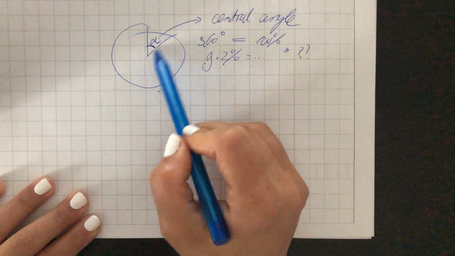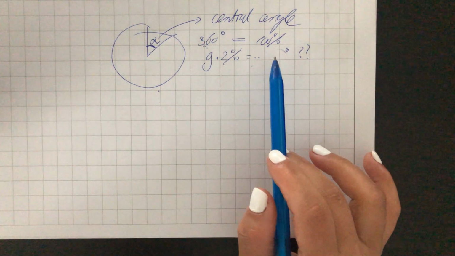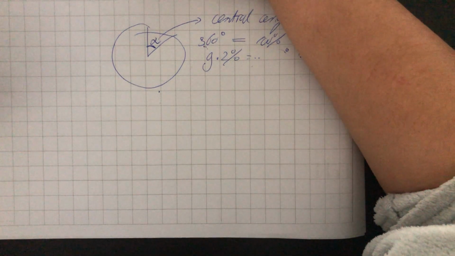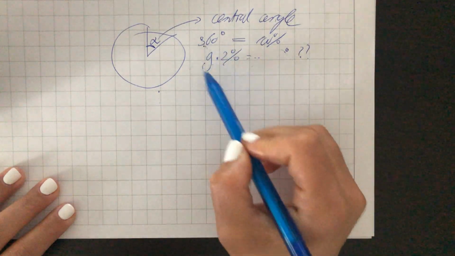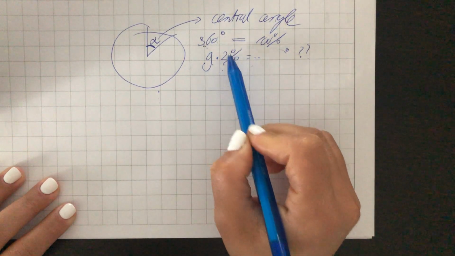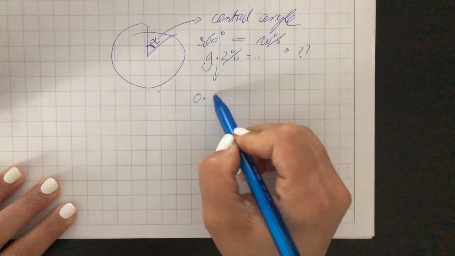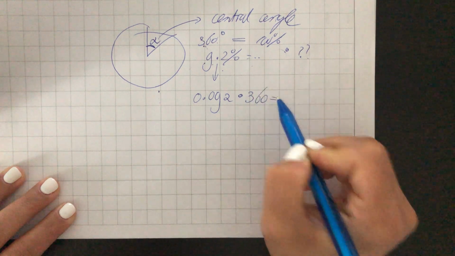You want to also figure out what is the angle belonging to the 9.2%. How will my piece of pie look like? How many degrees do I need to draw it? Well, what you do, and that's also what they say there, you just have to figure out what is 9.2% of 360. And how can you do that? Get this as a decimal, 0.092, and multiply it with 360.